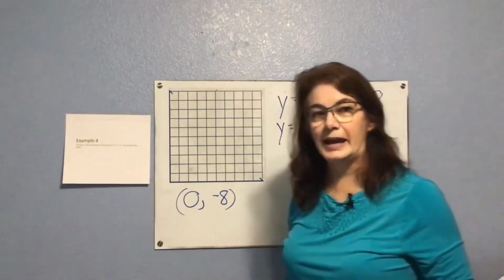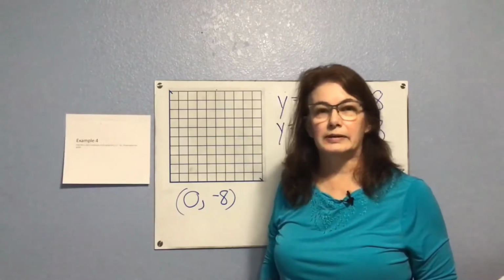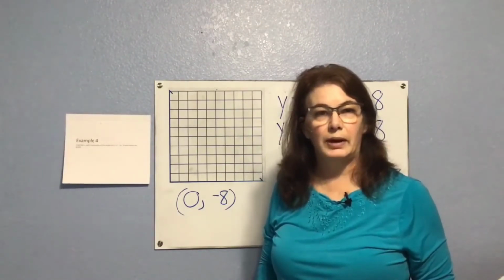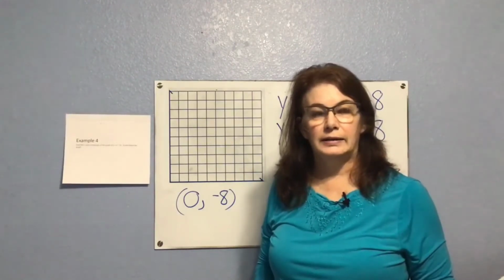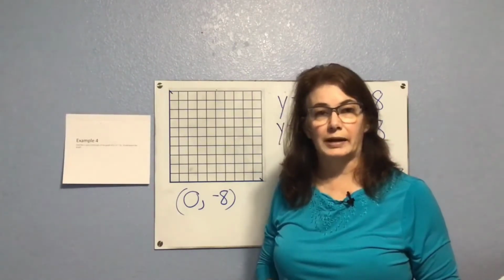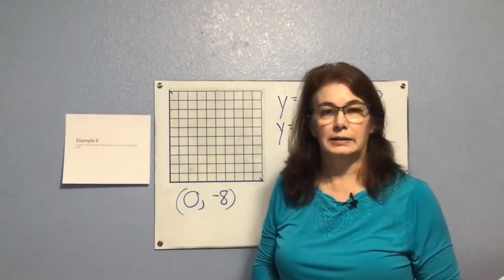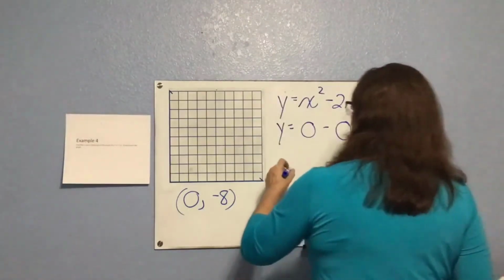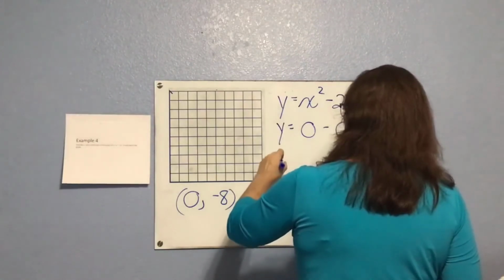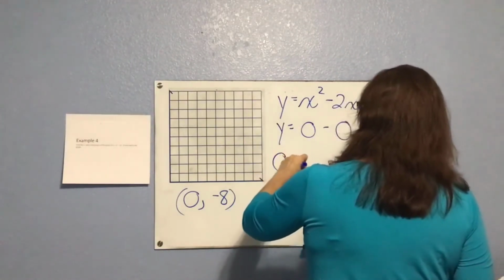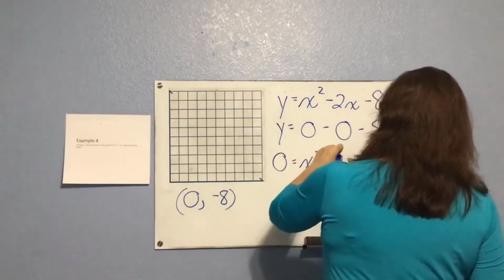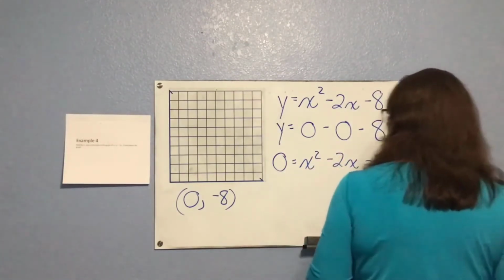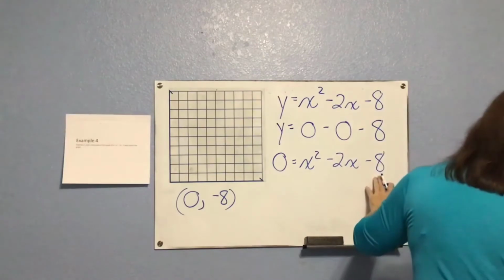Okay, to find the x-intercept, I'm going to do the same thing in reverse. I'm going to let y equal 0 and then find, in this case, it's going to be 2 values for x because it's quadratic. So let's do that. So now I'm going to have 0 equals x squared minus 2x minus 8. I'm going to have to factor this now.